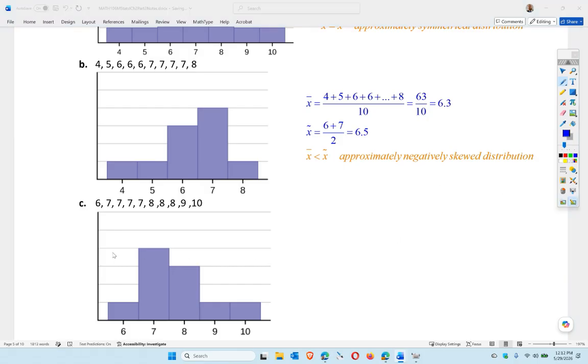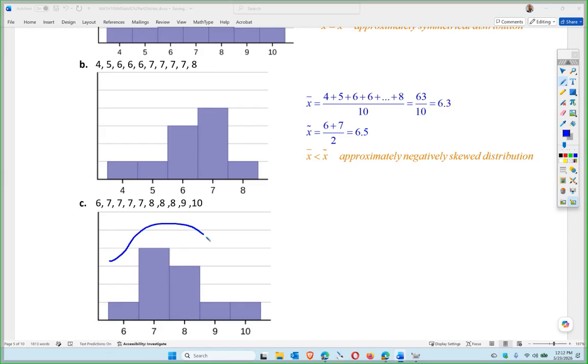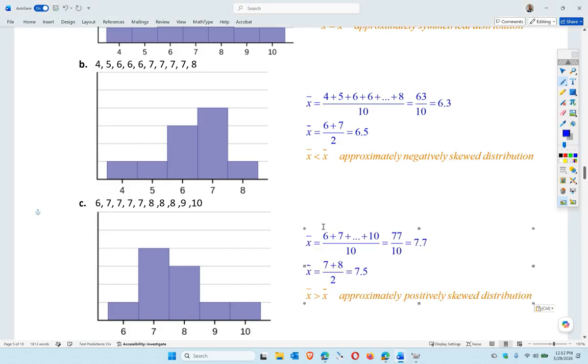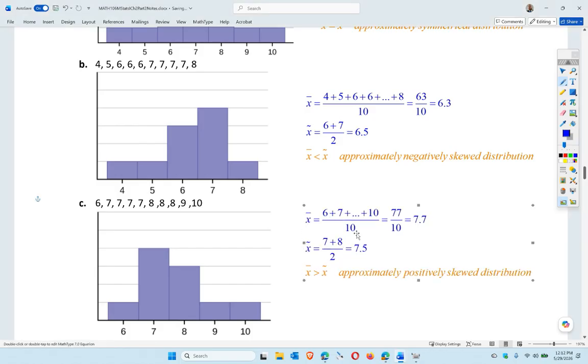Versus this last one, this is clearly skewed to the right. It's being pulled or stretched to the right, which tells me that the mean is going to be to the right of the median when I do my calculations. So if I add all those numbers up and divide by 10, I'll get 7.7.